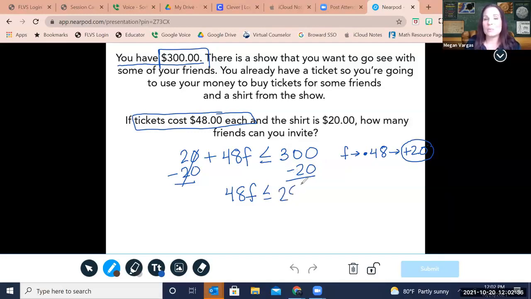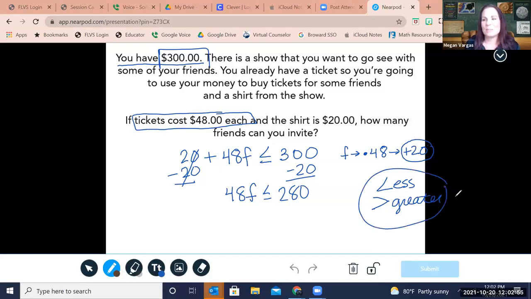The way that I remember which one is less than is that the less than looks like the letter L. The greater than is the other one. So that's how you can remember it.